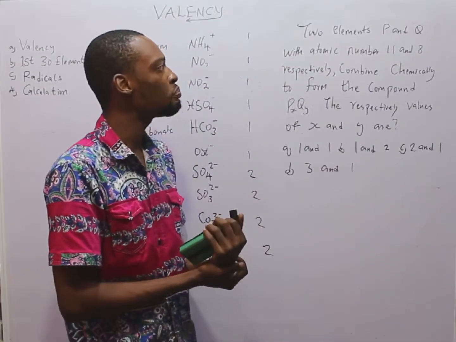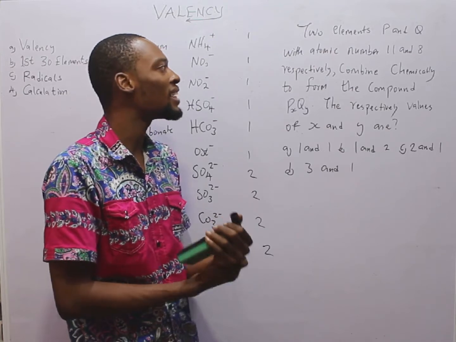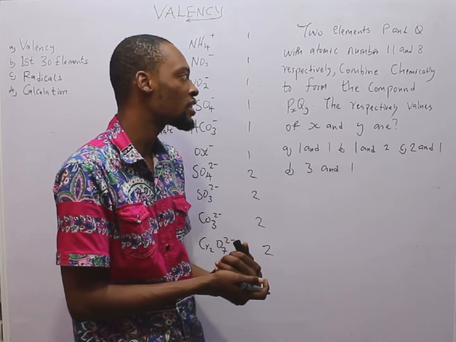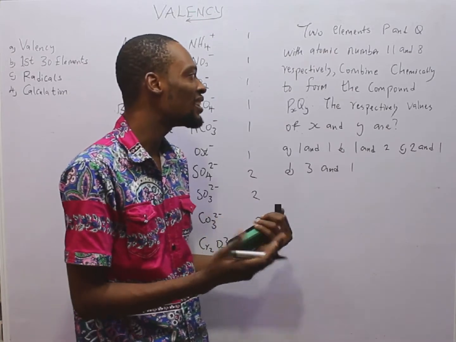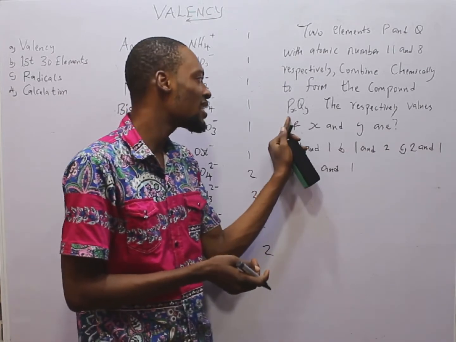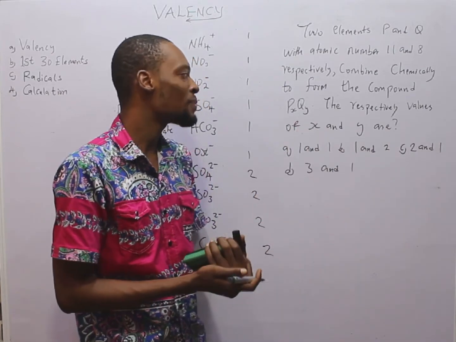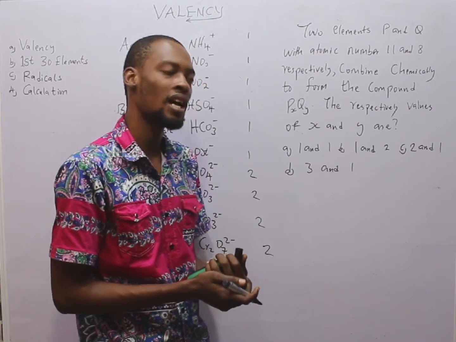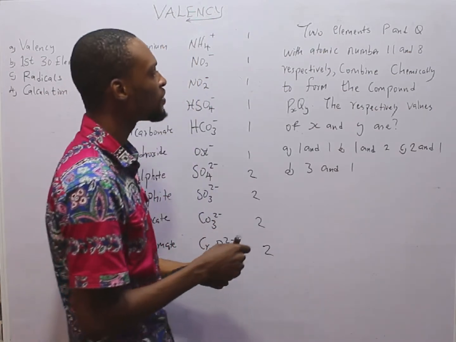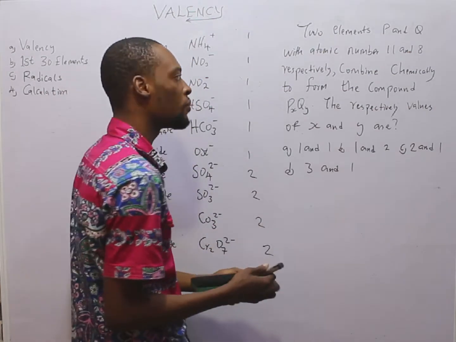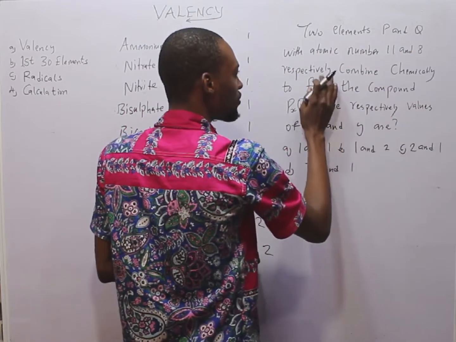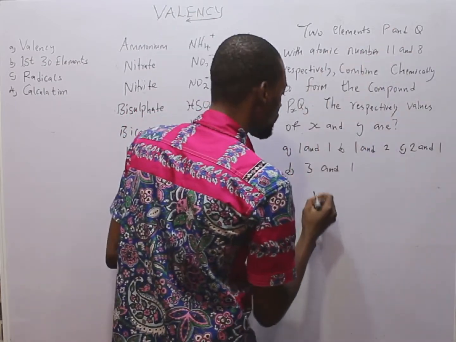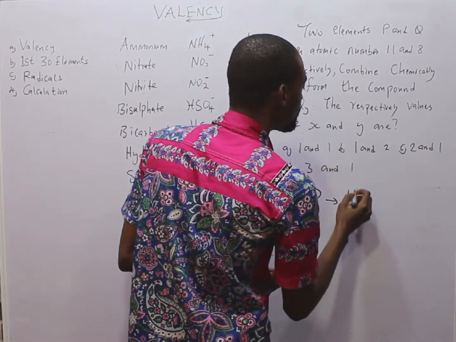Two elements, P and Q, with atomic number 11 and 8 respectively, combine chemically to form the compound PsQy. The respective values of s and y are dash. Respectively simply means based on how they come. 11 and 8 respectively means element P has atomic number of 11.